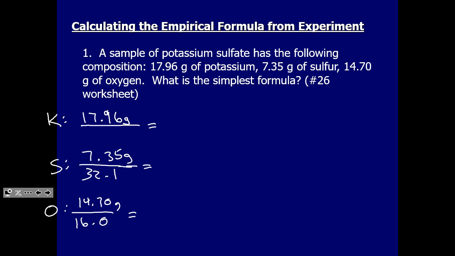And I guess if I'm writing a little rule here, just use the grams as is, right? You don't need to do anything fancy with it. Just use whatever grams you've got.